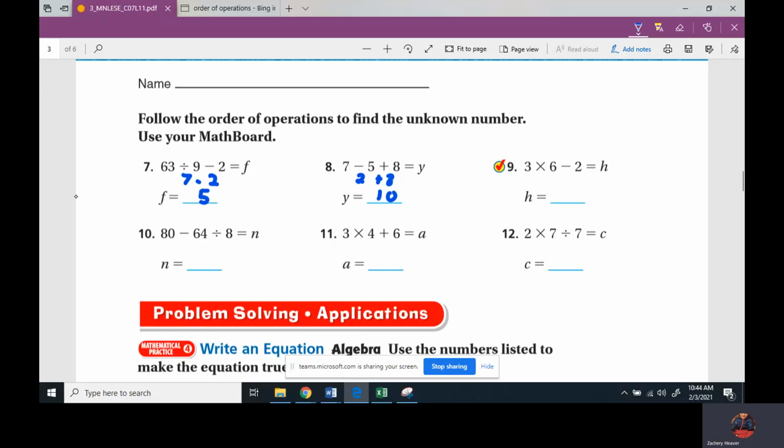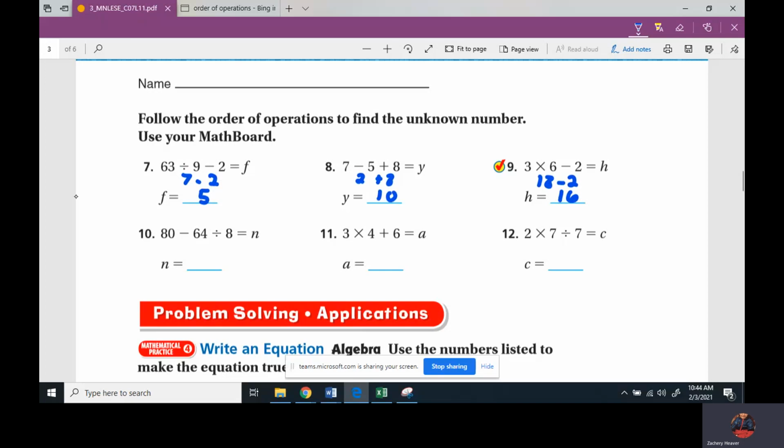Now we have multiplication and subtraction. We know we have to multiply first, and it even shows it's first. 3 times 6 is 18. 18 minus 2 is 16. Right here, 80 minus 64 divided by 8. We know we can't subtract first. We have to divide first.